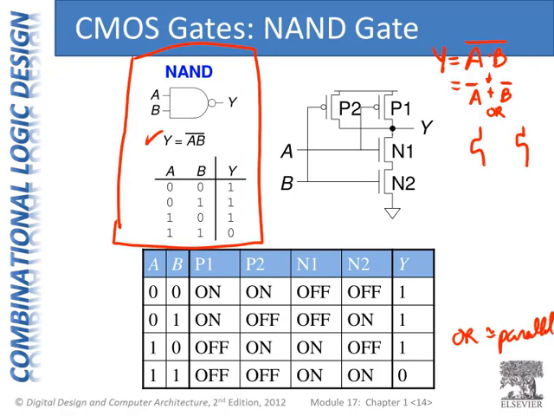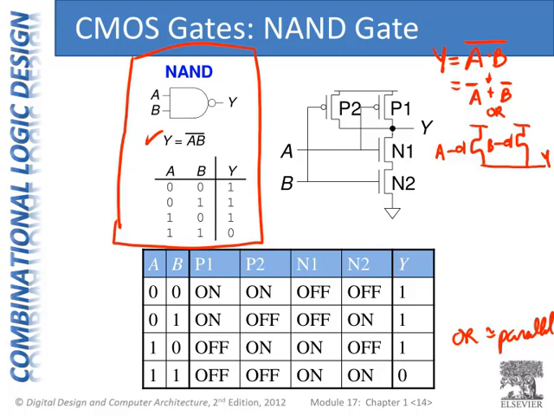Two paths to VDD, or two ways to turn it on: either A bar, that bubble makes it bar, or B bar. And there's our output Y. So now we have our pull-up network, Y equals A bar or, which means parallel, B bar.